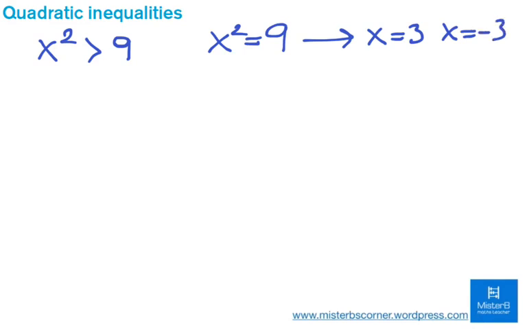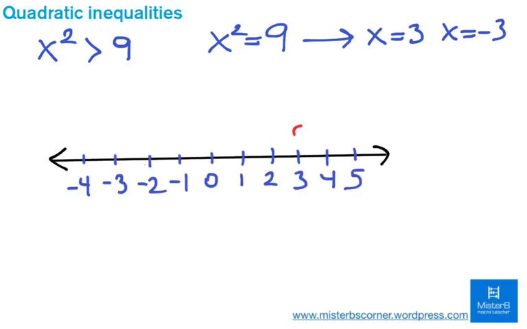When it is something like x squared greater than 9, we will start with solving x squared equals 9 as before. So this will give me x equals 3 as well as x equals negative 3. So on my number line, right, I will have the borders being 3 and minus 3.